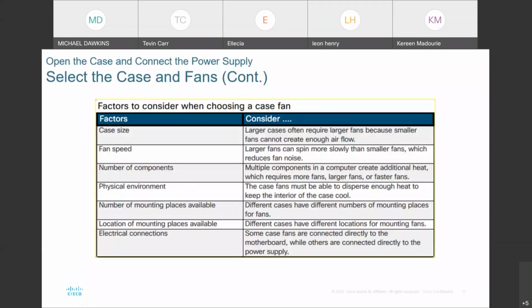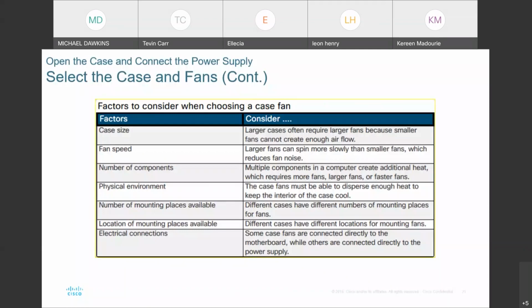All right, the number of mounting places. Different cases have different numbers of mounting places for fans. They call them the chassis fans. You might see fans placed on different areas of the case. When you look on the motherboard, you will see different connectors for chassis fans, or case fans, as they call them.